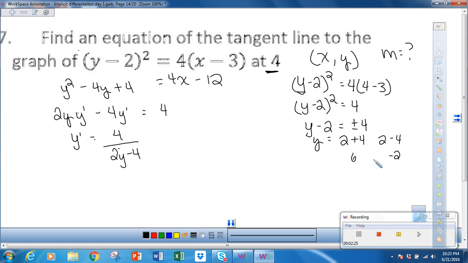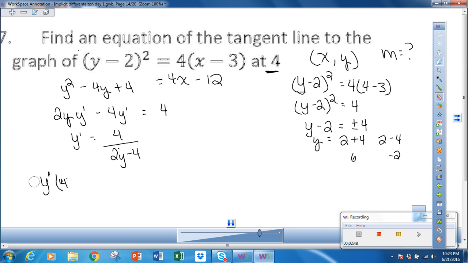So y prime at x equals 4 will have two separate values. So we evaluate y prime when x is 4, but y is 6. So what's the best way of writing that?